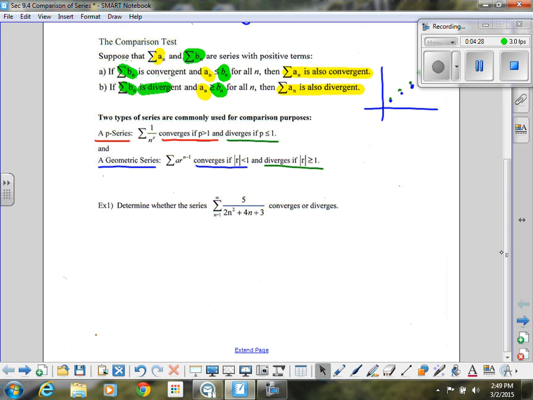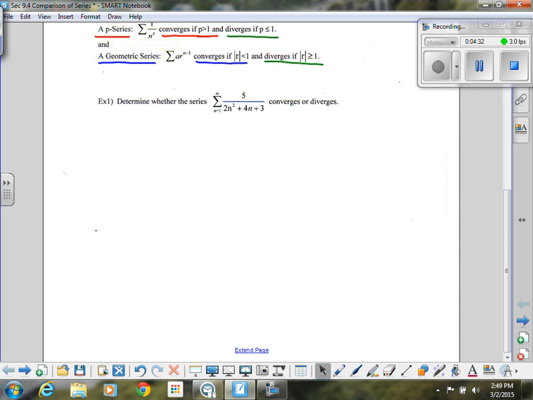Okay, so let's do some examples. So we're going to look at this series, and we want to determine whether it converges or diverges. All right, so if we look at this, there's a lot going on here in the denominator. But what's driving this series is this highest power, 2n squared.